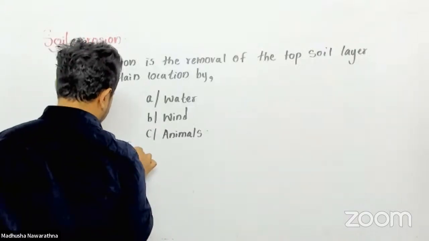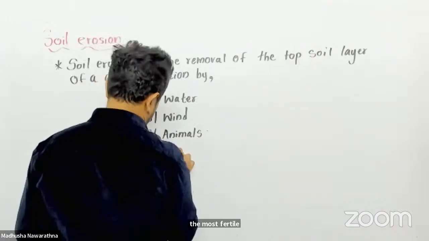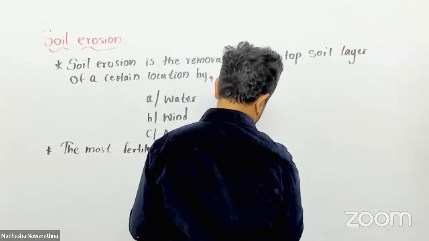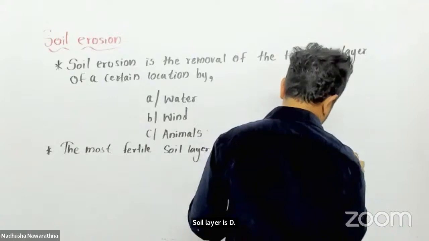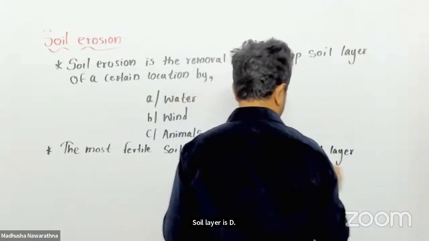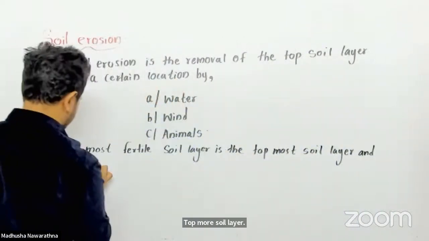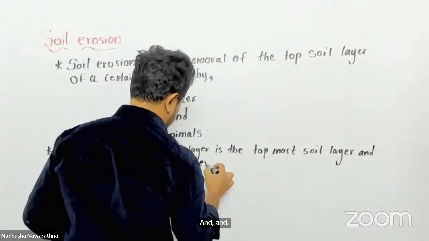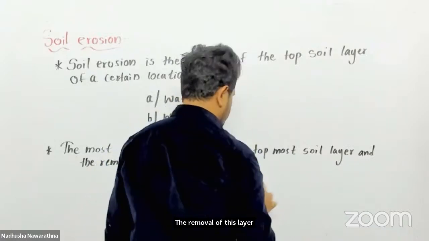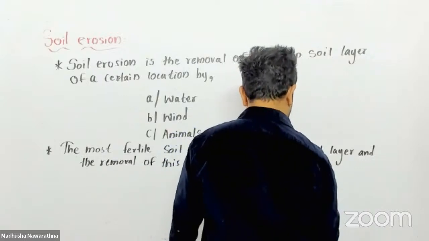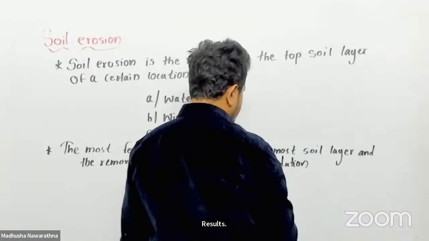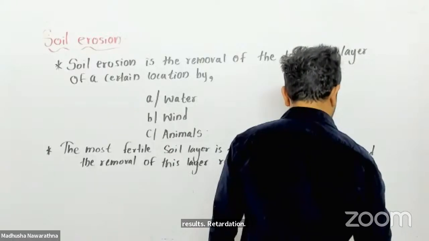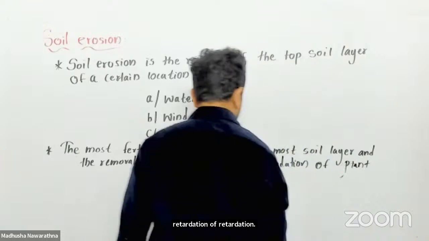The most fertile soil layer is the topmost soil layer, and the removal of this layer results in retardation of plant growth.